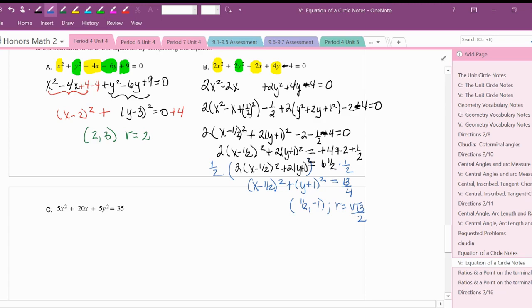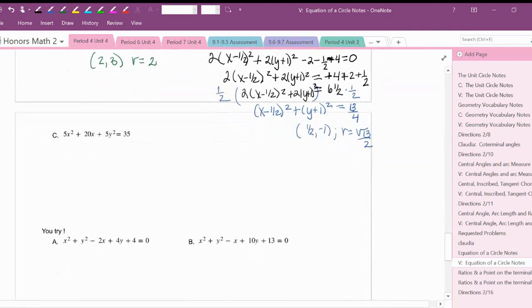It's one more, and then there'll be a couple for you to try. Here I've got 5x squared and a 20x and only one y term. So that's less work for us.